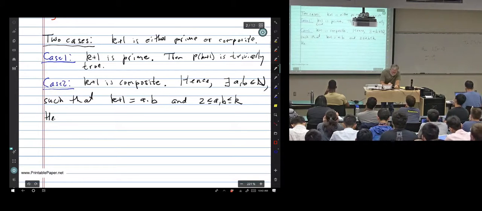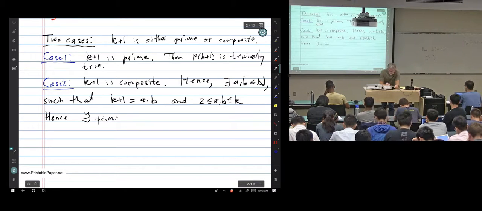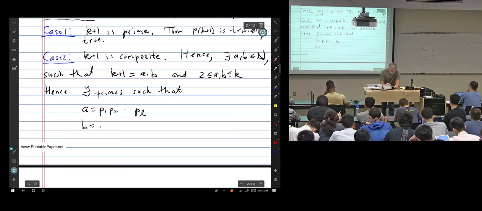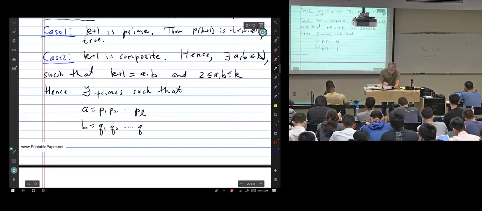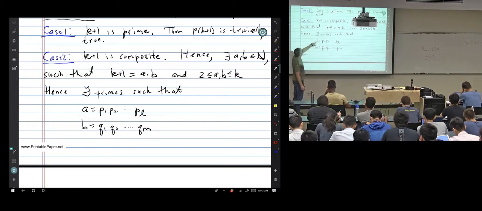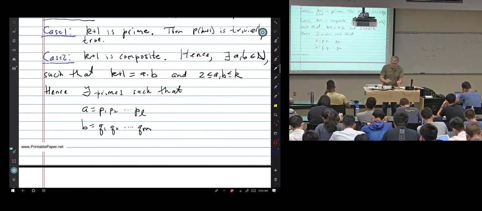Hence, there exist primes such that A equals P1, P2, dot, dot, PL. B equals, say, Q1, Q2, dot, dot, dot, QM. We get this by the induction hypothesis with strong induction. We get to search back through all of those.